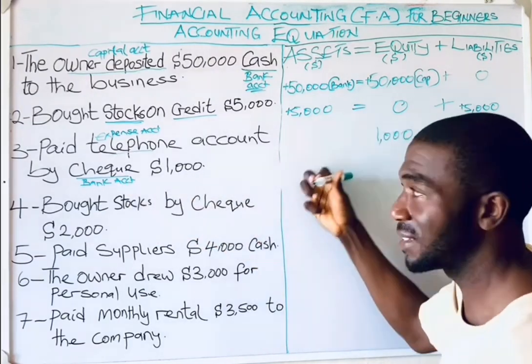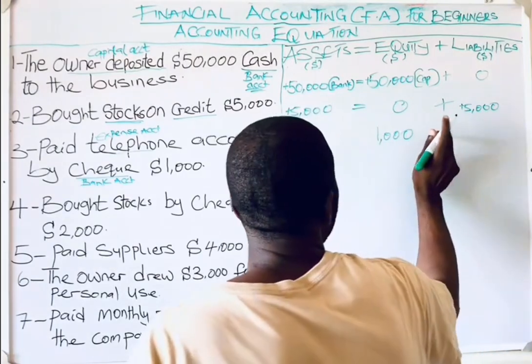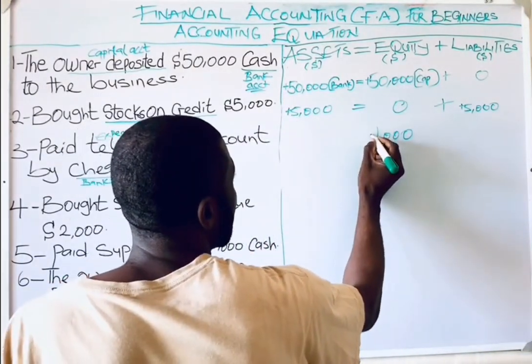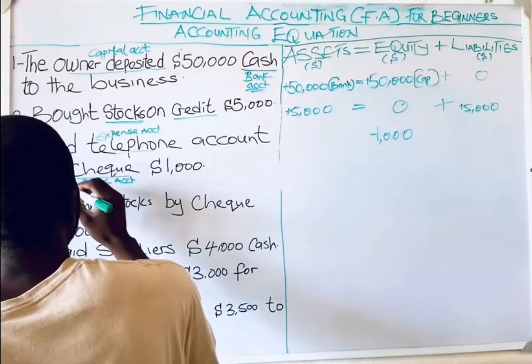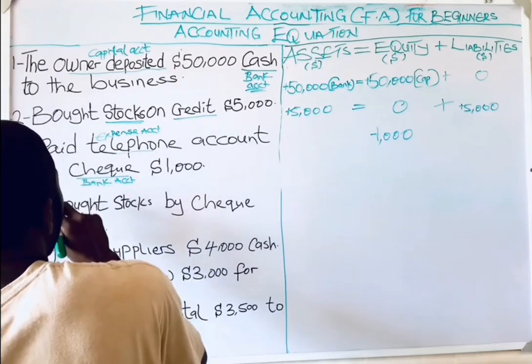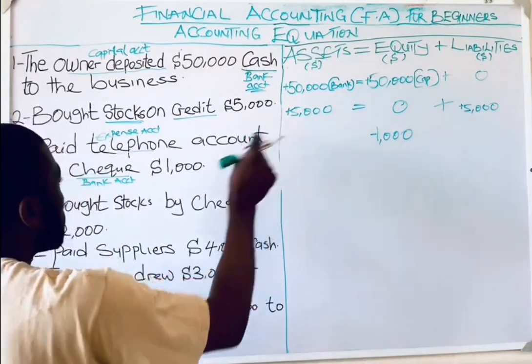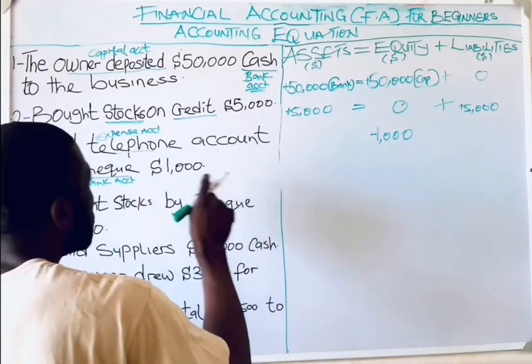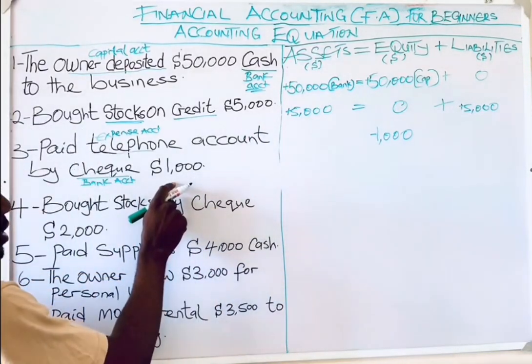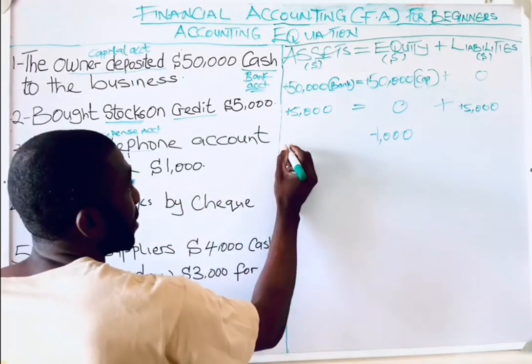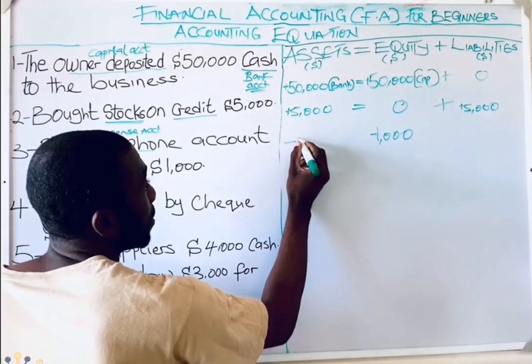Our bank is assets. And for the bank, you paid using check, so it will reduce the balance of your bank account. So this $1,000 will be negative. It will be negative 1,000.